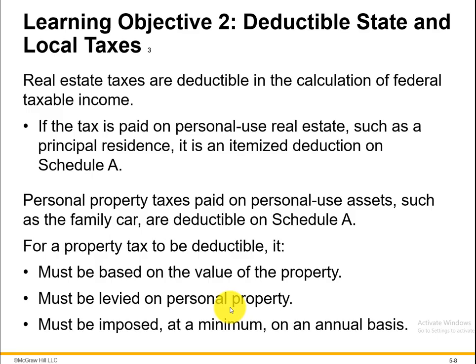Real estate taxes, your property taxes, you could own property all over the place, and the only limit is the 40,000 mentioned before. It's not limited to the number of properties or what you use them for. So it's as many personal use assets as you want. Now, if it's a business use or rental use, you want to do that in a different place, but we'll get to that later. As far as any personal property, you could own multiple properties and deduct all of the taxes on all of them.